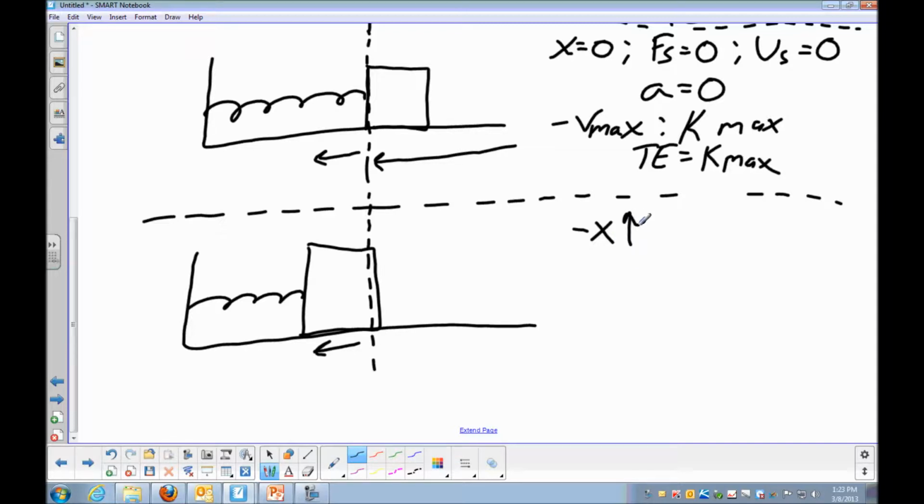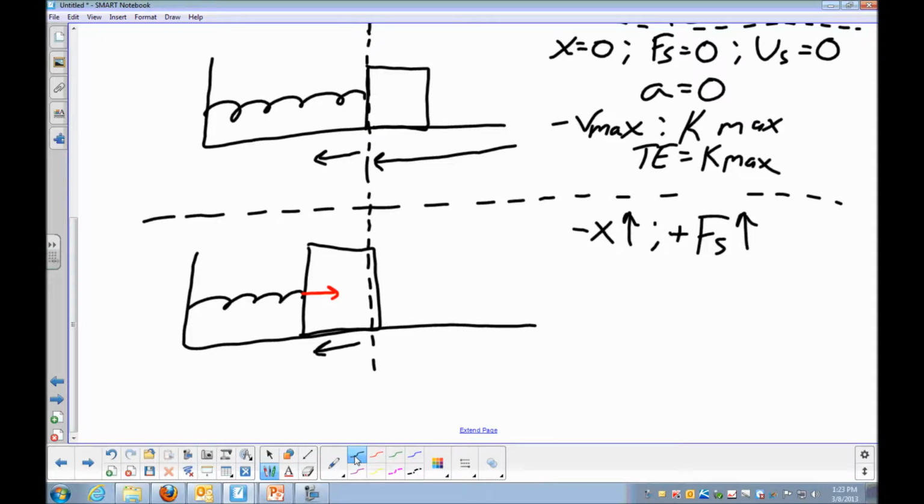It's getting more to the left. If my displacement is increasing, my spring force is increasing. However, if my displacement is negative, the spring force is positive. The spring is now pushing the box in the positive direction. That's why the spring force is positive.